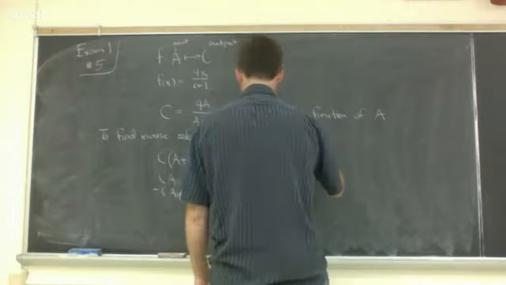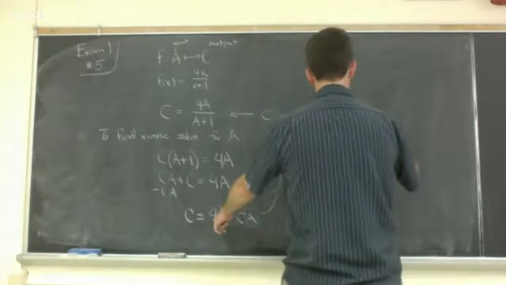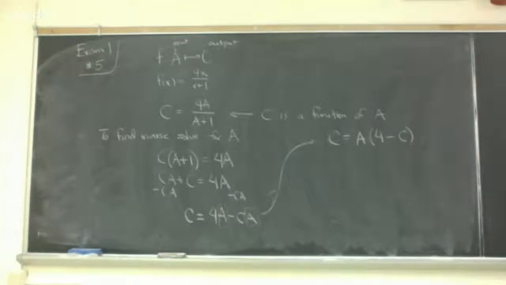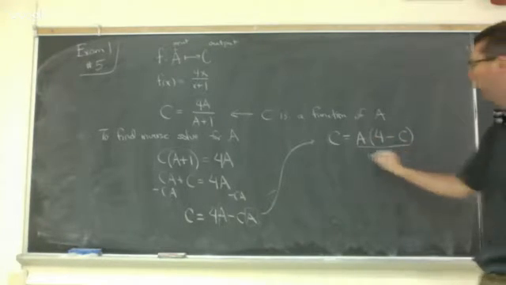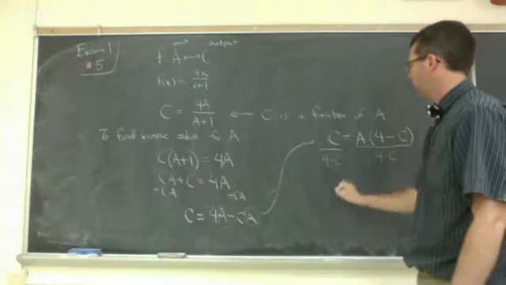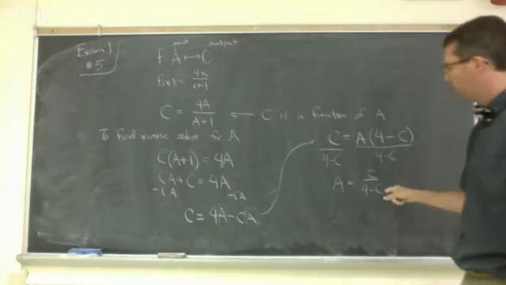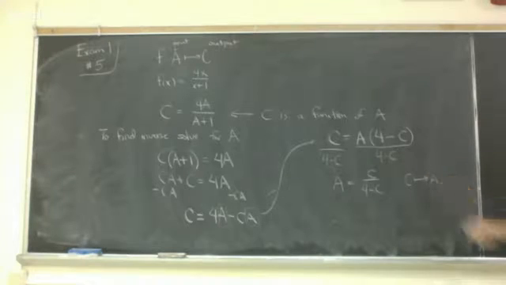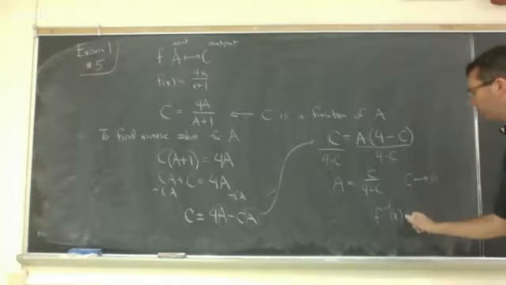Let's come up here. C equals A times 4 minus C. And now that it's a multiplication, I can divide both sides by 4 minus C. And I've got A equals C over 4 minus C. I've written A as a function of C. And this formula defines my inverse function.